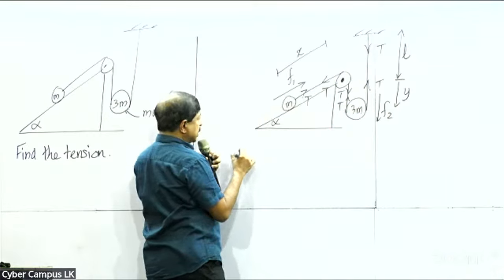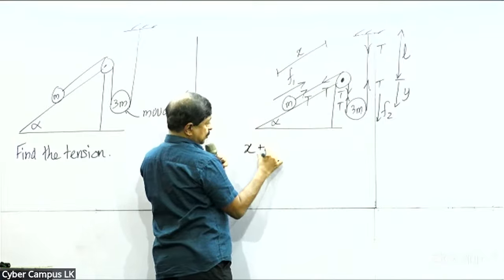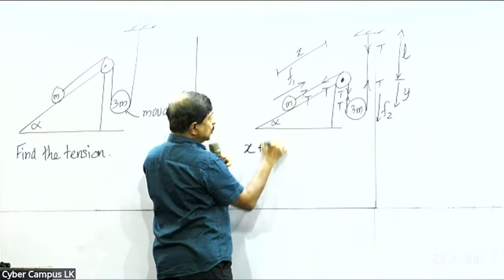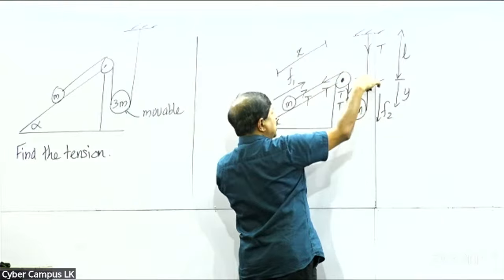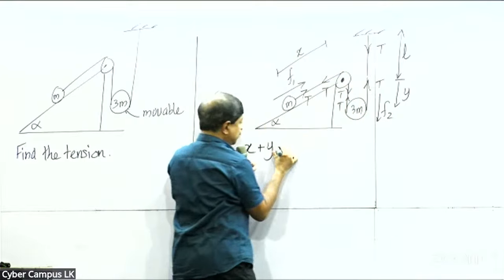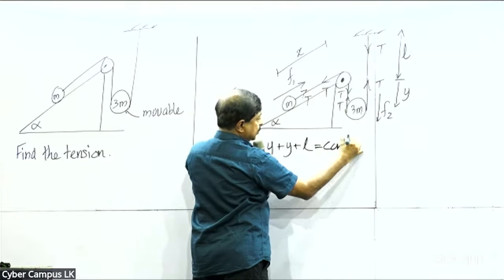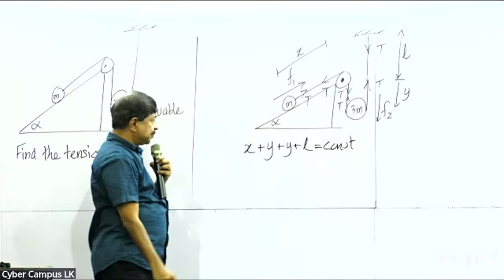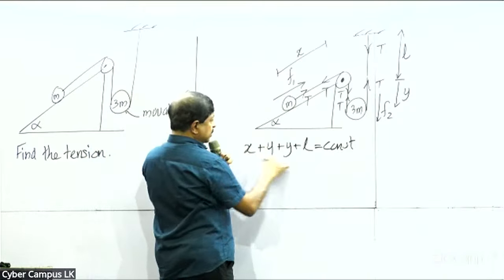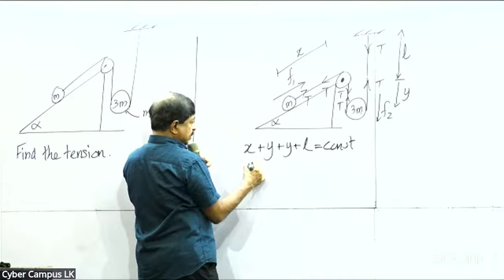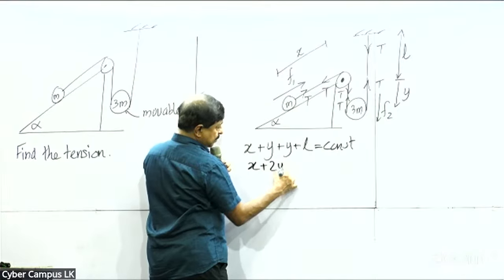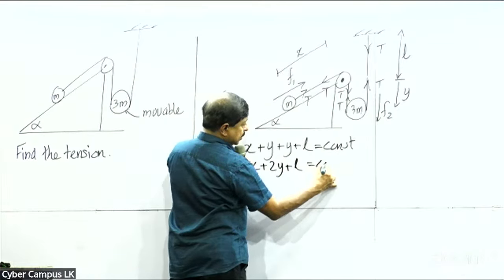However, if you take the straight portions of the string, you have x plus y, then you have L. Since the string is inextensible, this is a constant. So x plus 2y plus L is a constant.